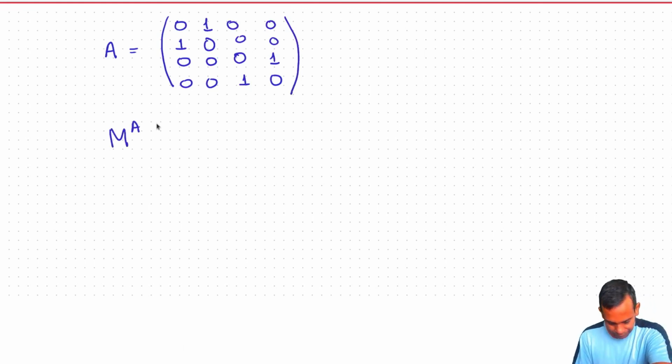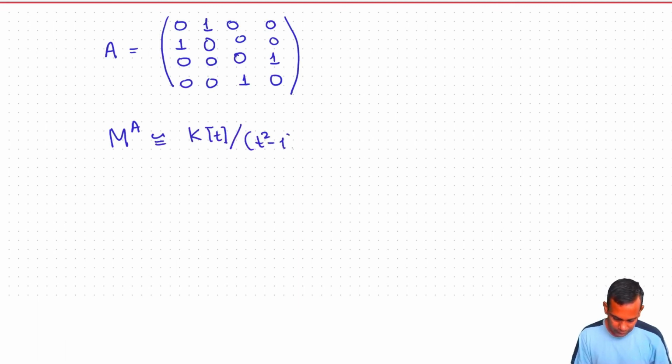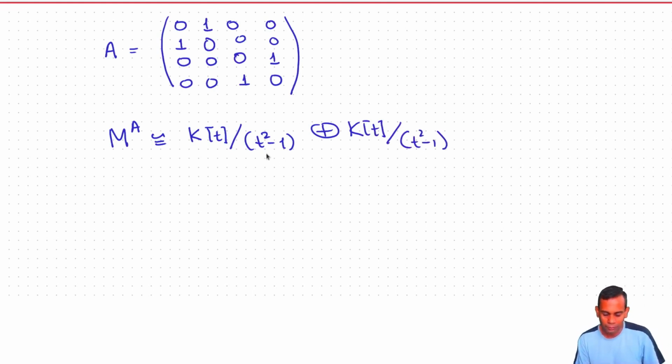MA, according to the structure theorem, is isomorphic to KT mod T squared minus 1 plus KT mod T squared minus 1. So the thing to do is to factorize these polynomials into their irreducible components. If we're working on an algebraically closed field, those will always be linear.